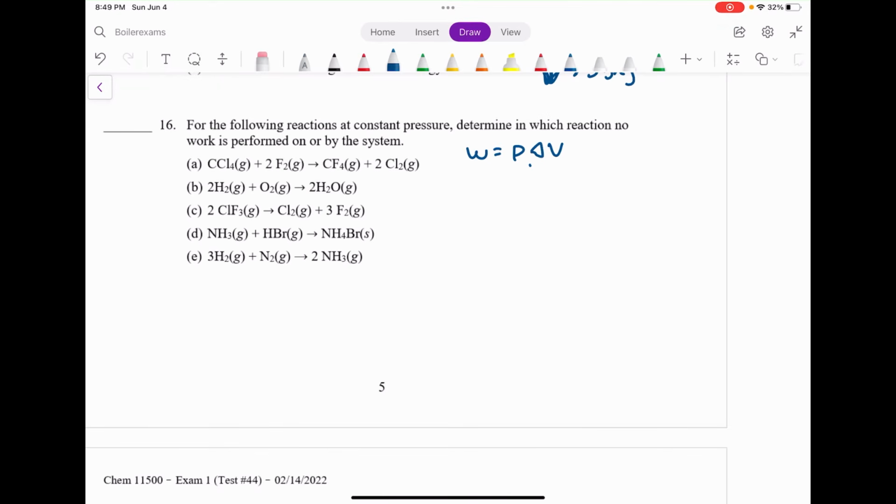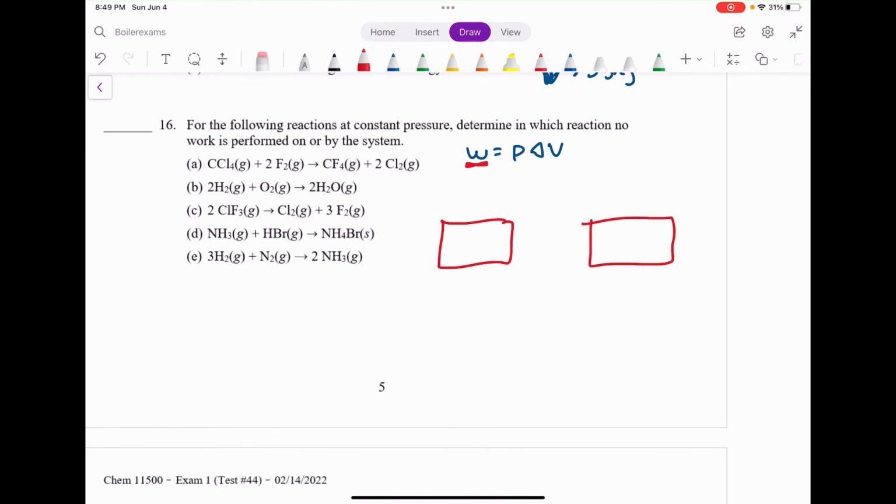When you have a change in volume, whether increase or decrease, you can get a resultant work and change in energy. And when pressure is held constant, volume will change as a function of how many moles are in your system. So let's say we have this vessel of reactants and this vessel of product.